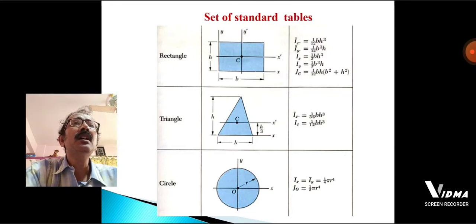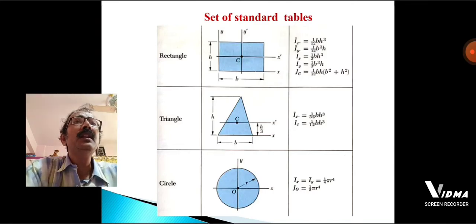Similarly I y dash is b cube h by 12. And I bar x and I bar y are bh cube by 3 and b cube h by 3, and J_C, the polar moment of inertia, is bh by 12 into (b square plus h square).